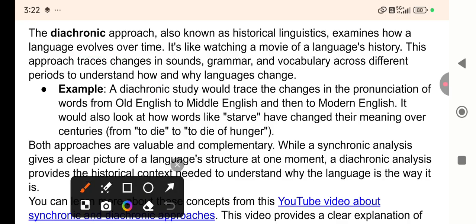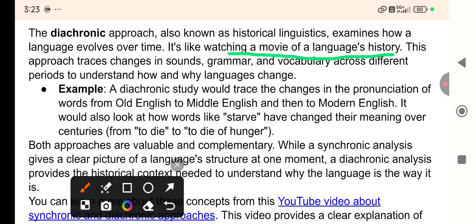Suppose you're watching a video or movie on the development of the English language or the development of the Hindi language. Someone has made this movie and you're watching it.